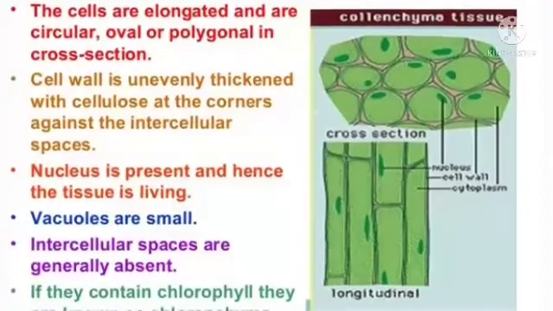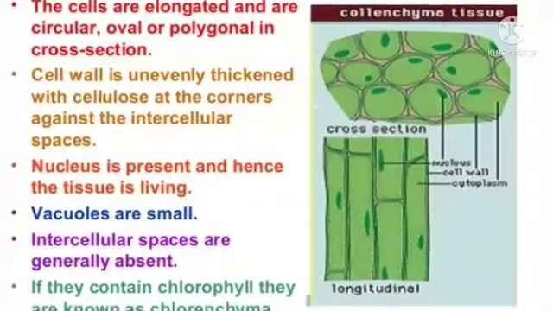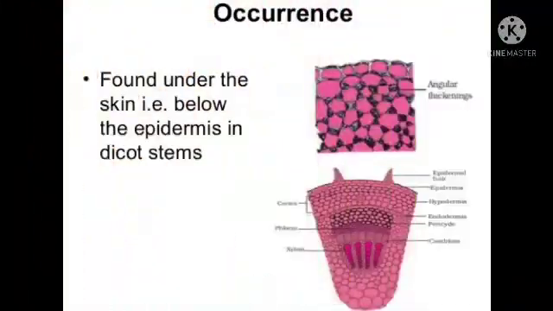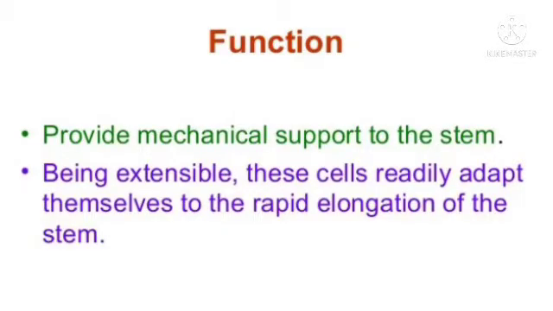If they contain chlorophyll, they are known as chlorenchyma. Occurrence: found under the skin, that is below the epidermis in dicot stems. Function: provide mechanical support to the stem. Being extensible, these cells readily adapt themselves to the rapid elongation of the stem.